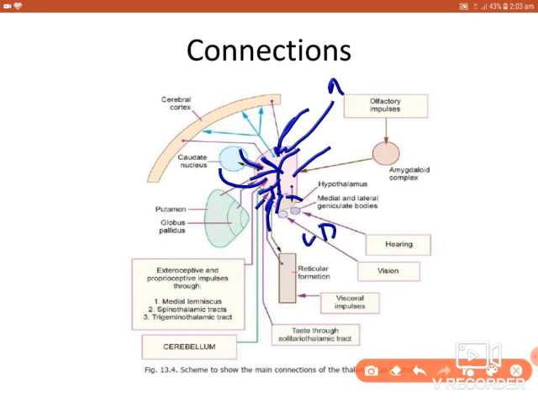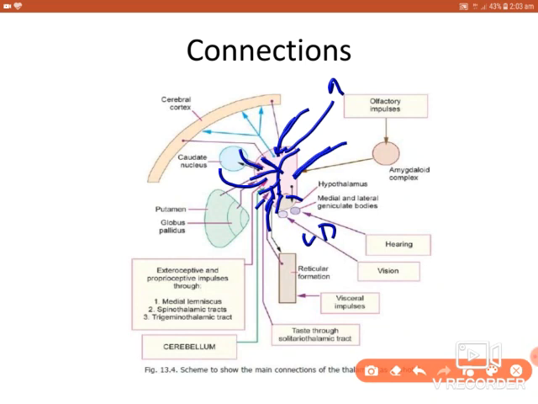You can see the cingulate gyrus there. This nuclei is involved in emotion and mood, responsible for emotion and mood.